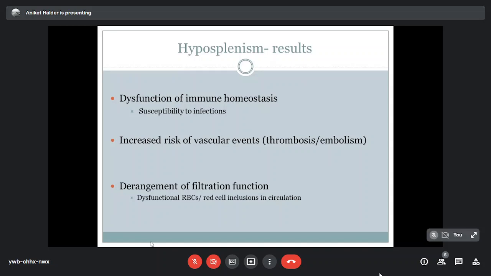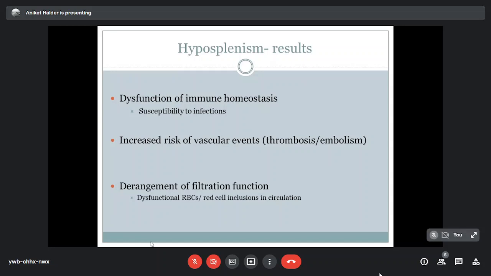So when there is hyposplenism, or asplenia due to splenectomy, there will be increased migration of these thrombocytes and increased flow of these platelets into the circulation. This increased platelet count in the circulation will predispose the patient to increased vascular events.